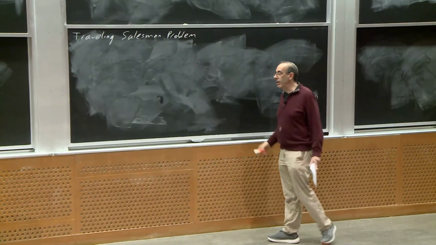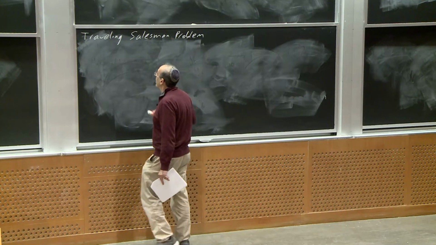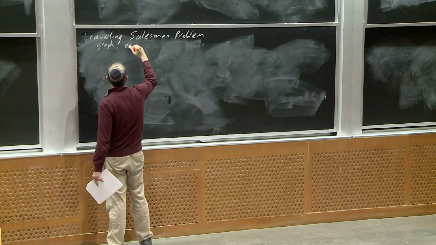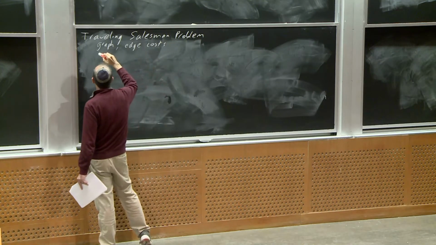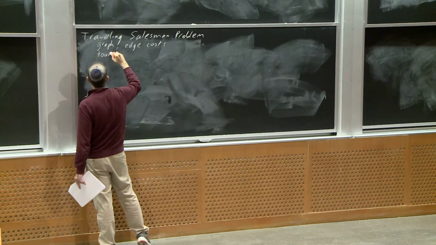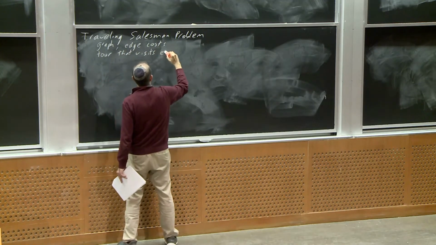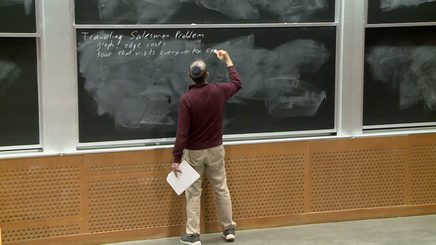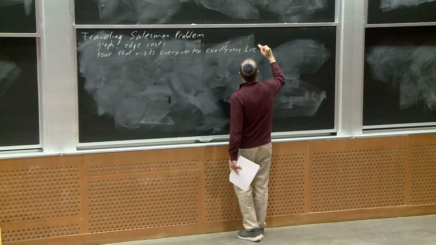Okay. So this is a storied in myth and legend kind of problem. You have a graph. You have edge costs. And what you want to find is a tour that visits every vertex exactly once and returns to the start.